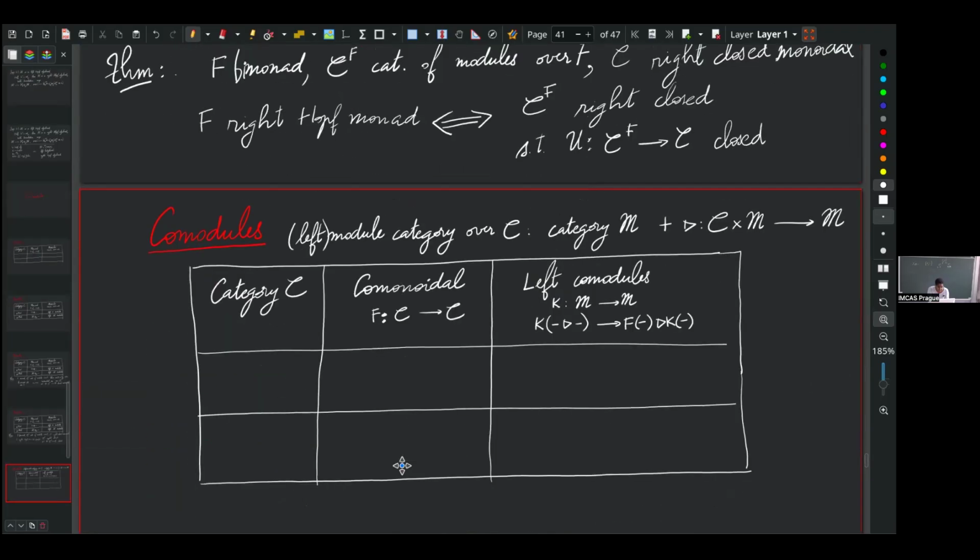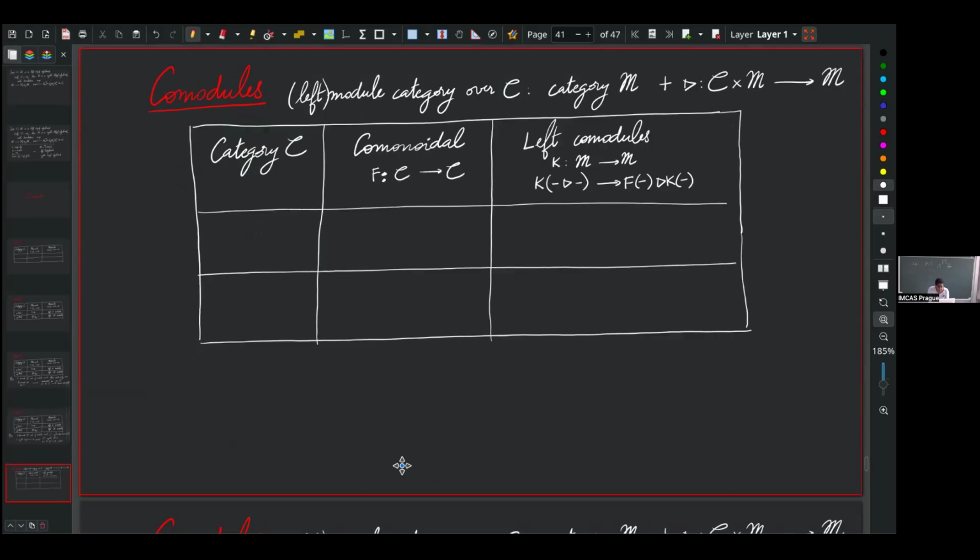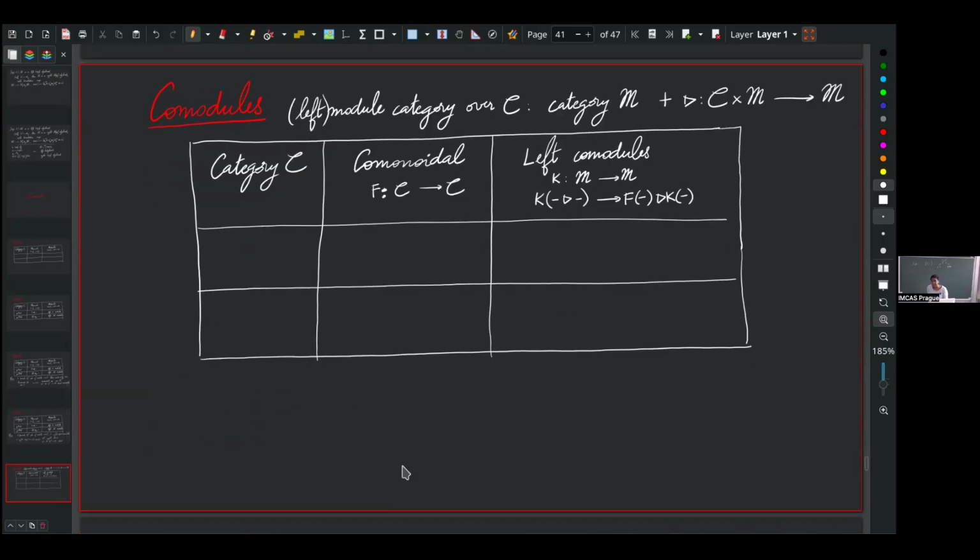And for the last topic, I will talk about comodules. The notion of a comodule over a comonoidal functor is a bit complicated. It was defined by Aguiar and Chase as some functors. There exists the notion of a module category, which is a category M upon which the monoidal category C acts.